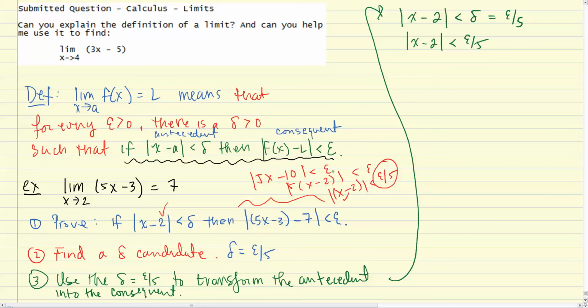Our sidebar calculation points us to how to transform it: let's multiply by 5.